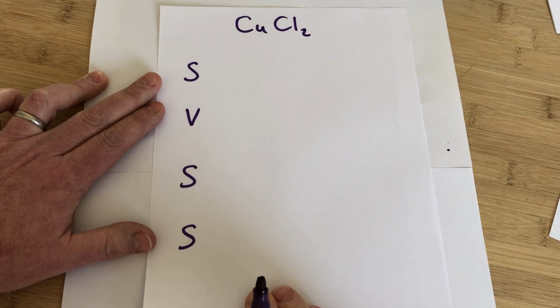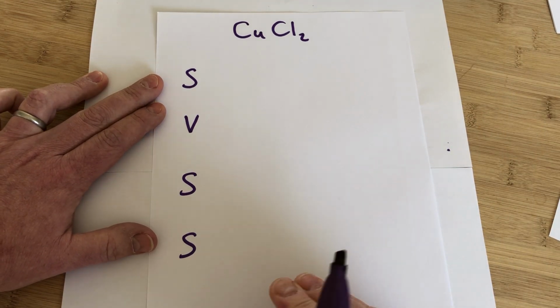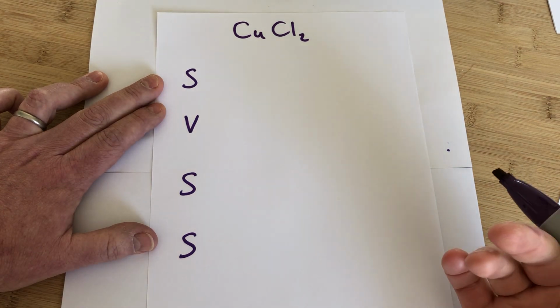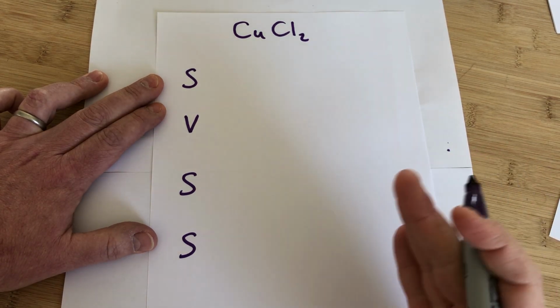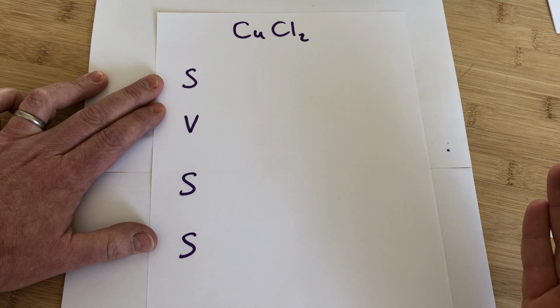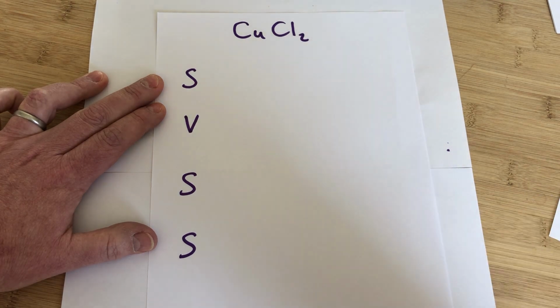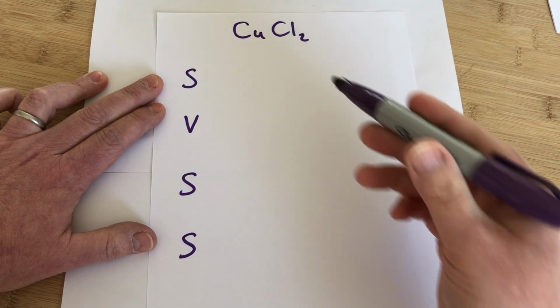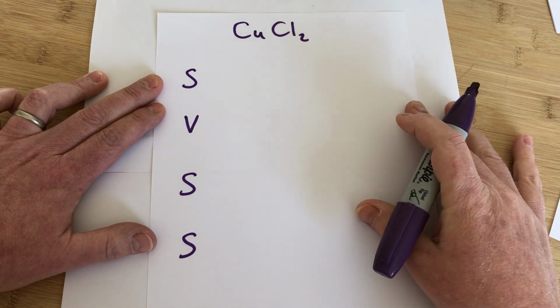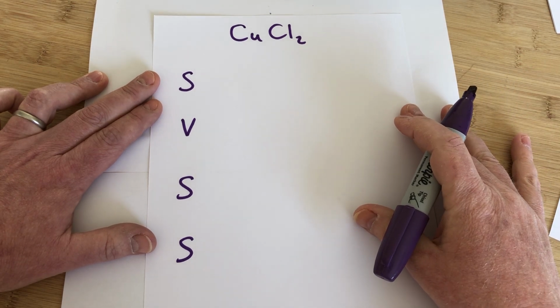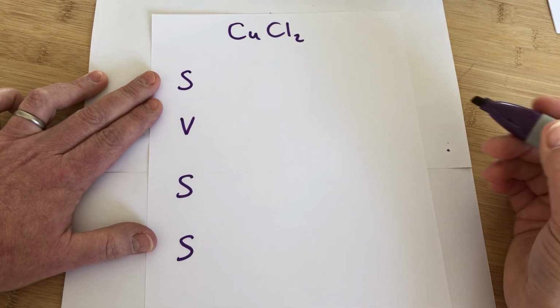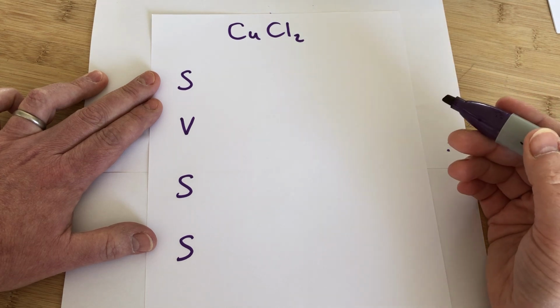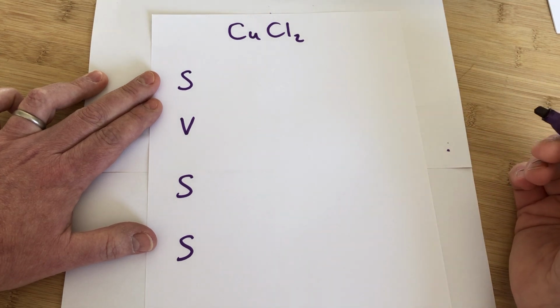These questions, however, tend to be not about the main group elements, not about the groups 1, 2, 3, 4, 5, 6 and 7, but about transition metals, such as copper. Copper can have a few valencies. What is the valency, what is the charge of copper in this compound, copper chloride?